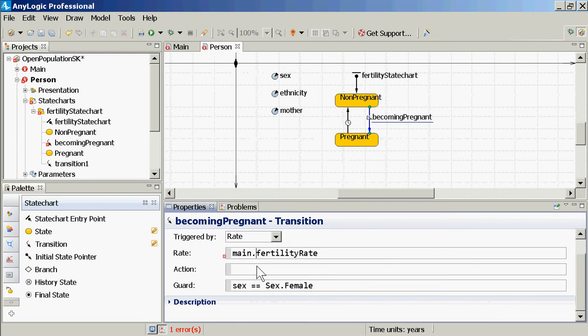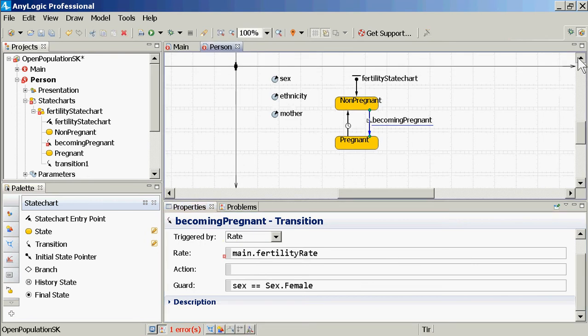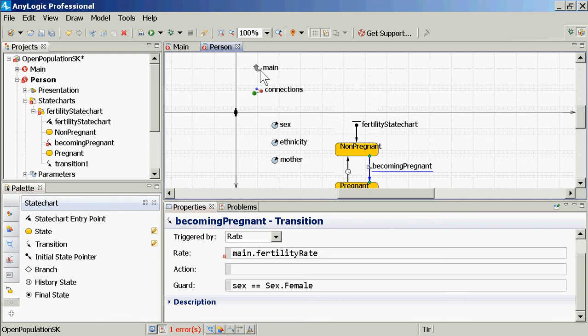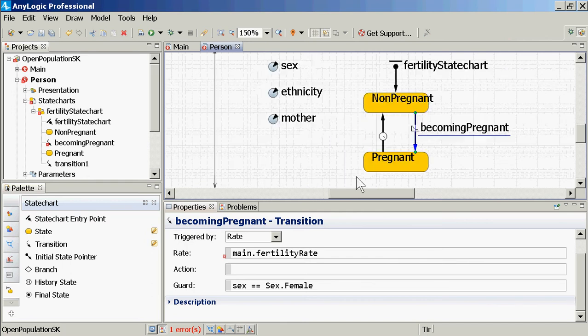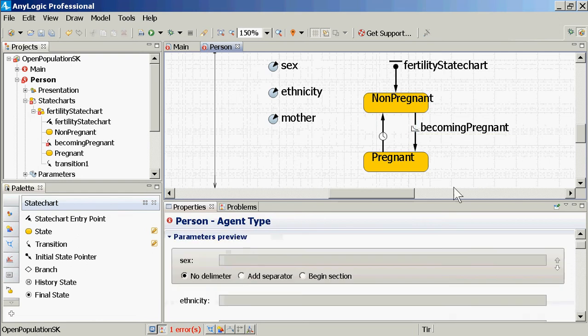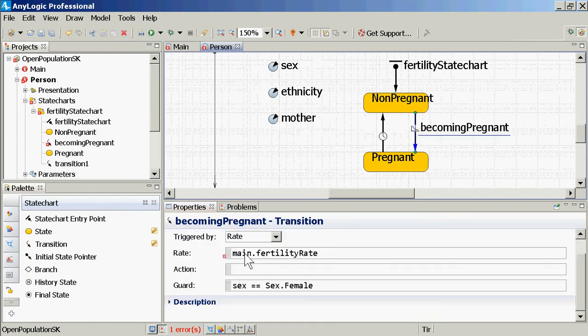What is that Main thing? This is a new AnyLogic 7 thing, and it lives up here, at the top. Try never to delete it, because weird things have happened. Now in old AnyLogic 6 and AnyLogic 5 terms, this would be get under bar main.